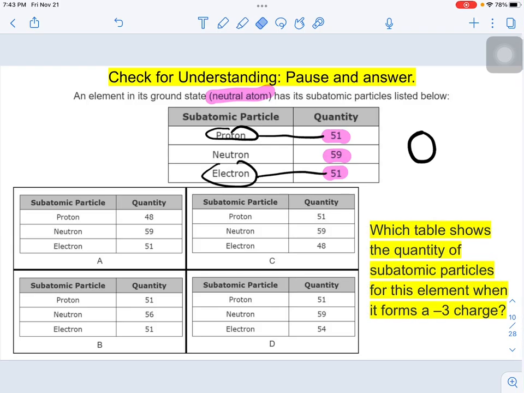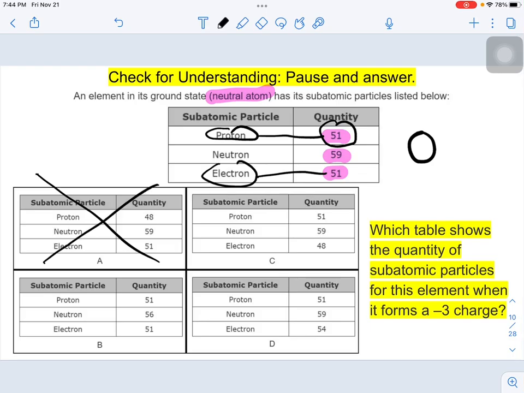So we need to ask ourselves, what type of situation would exist in order for us to have a 3 minus charge? Well, first we have to understand that we cannot gain or lose protons. So any one of these options that changes the number of protons at 51 is not a right answer. The only thing that the atom can lose or gain are electrons.